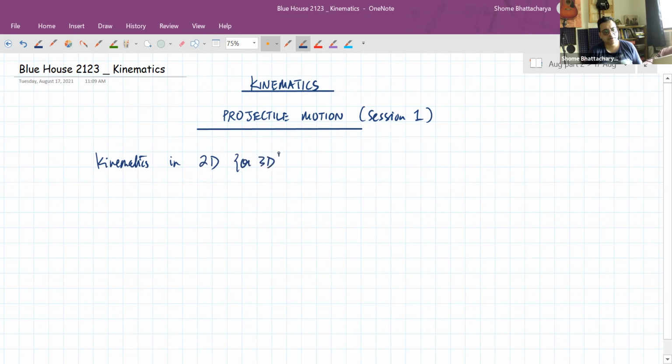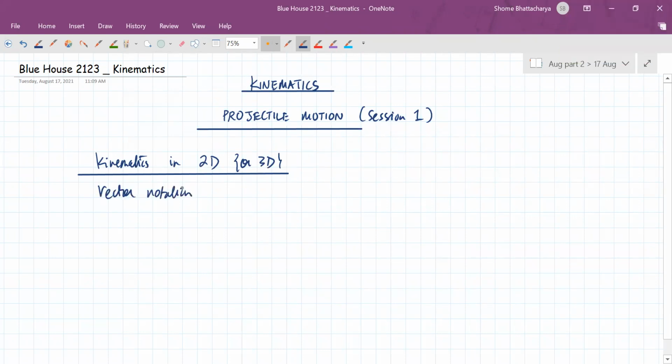When we talk about kinematics in 2 or 3 dimensions, the difference is that there is the vector notation for the kinematics parameters.